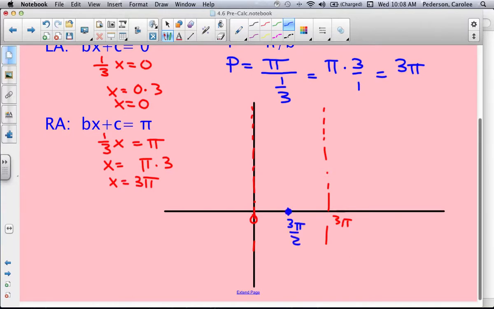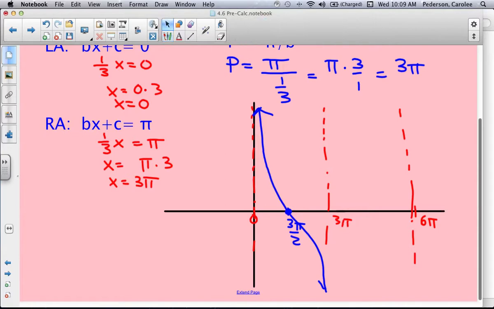And remember our snakes for a cotangent: rise on the left side, fall on the right. And it's just stretching a little bit more. This one I'll add another revolution. To add another revolution, we'd be over at 6 pi, and our halfway point would be 9 pi over 2.